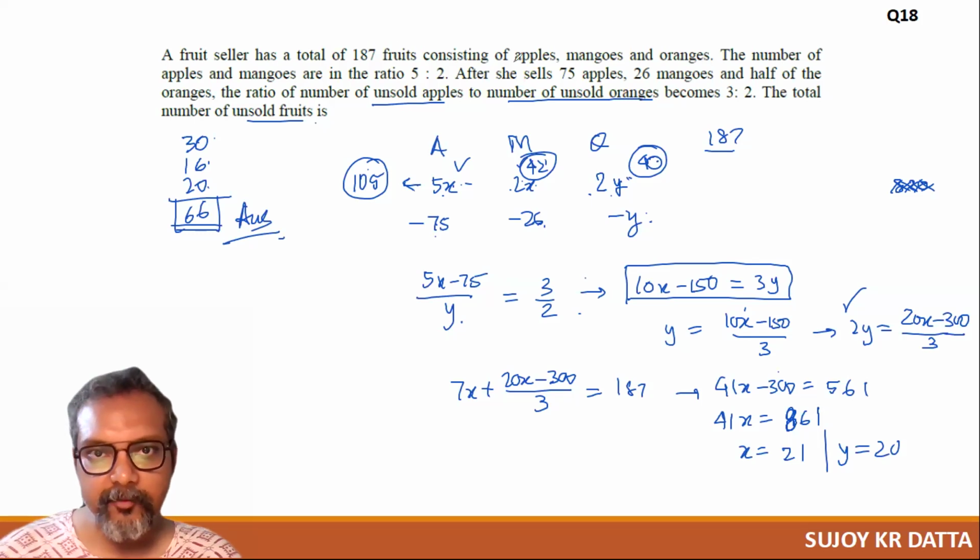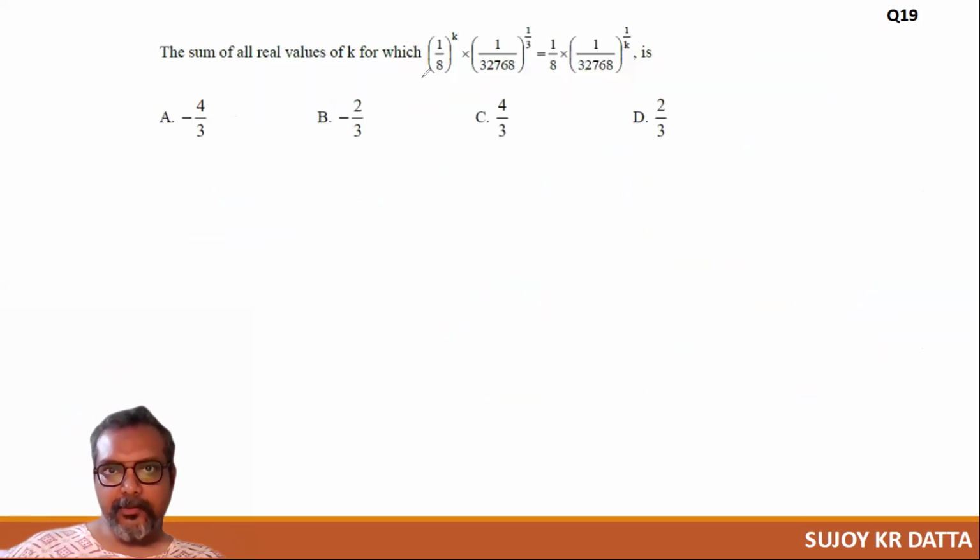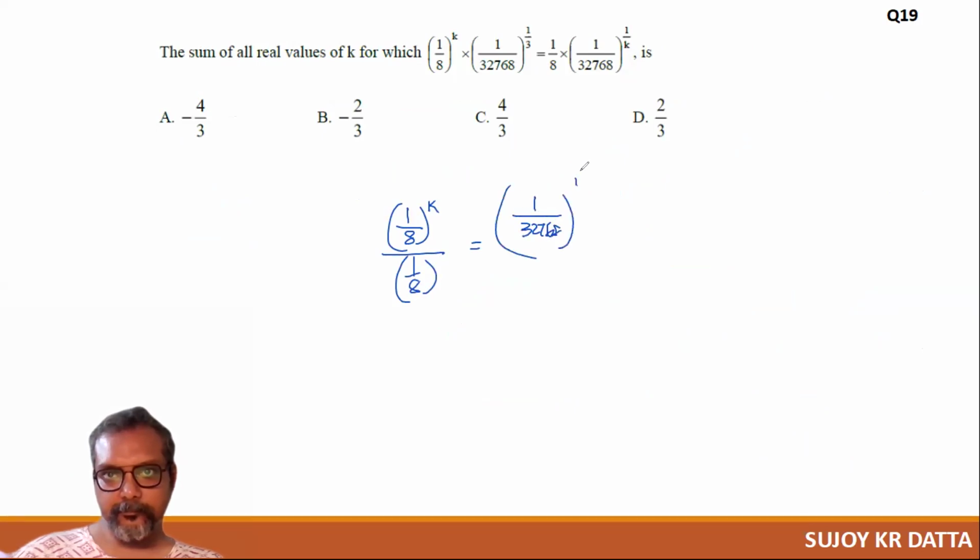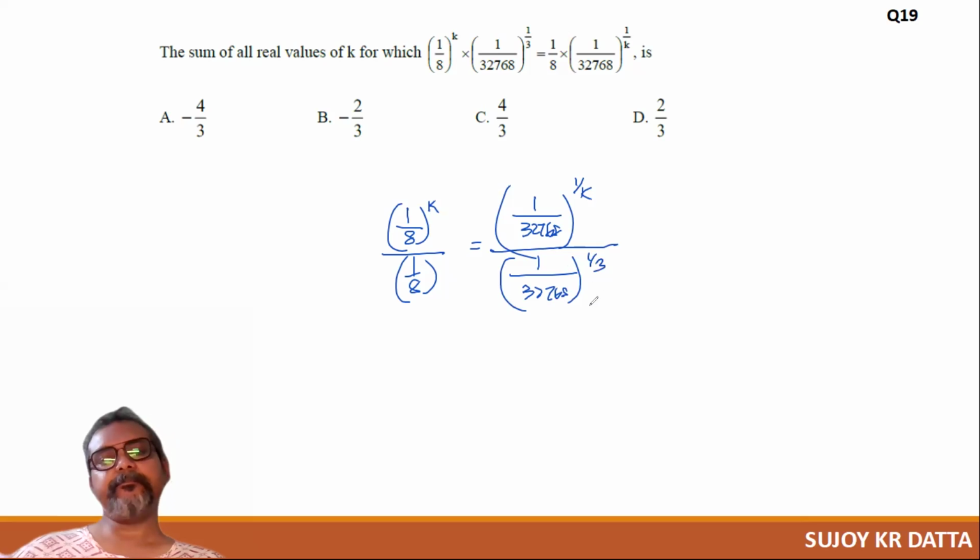The sum of all real values of k for which this holds. So this one would be, if I group the common terms together, that's what we will get. So the 1 by 8 comes this side, this comes this side.